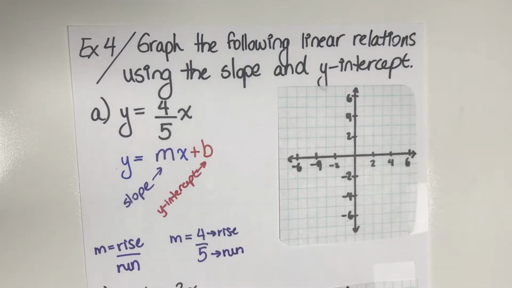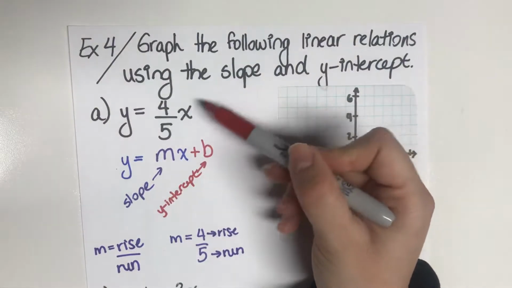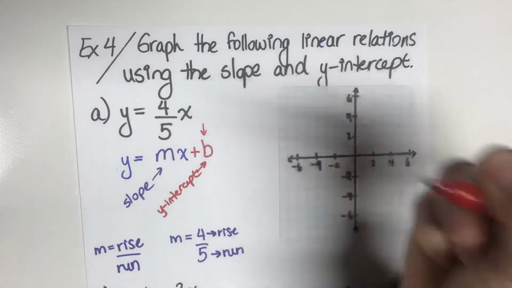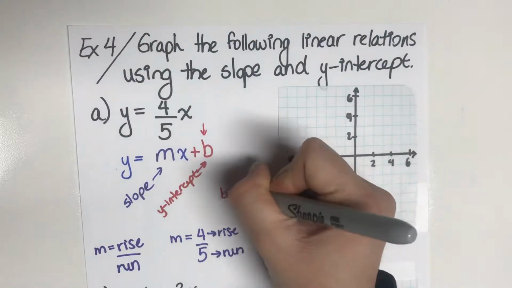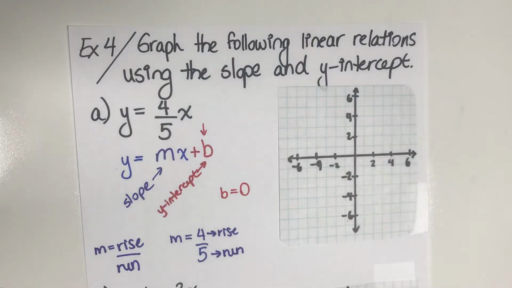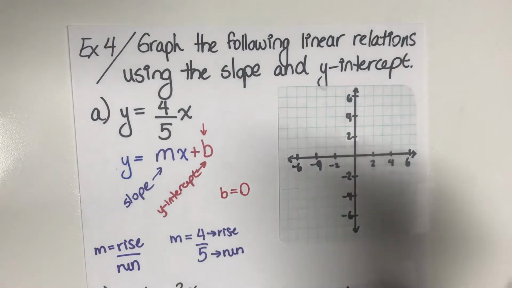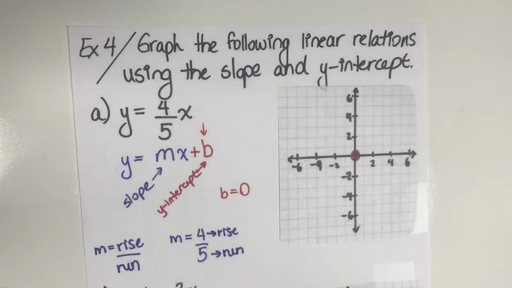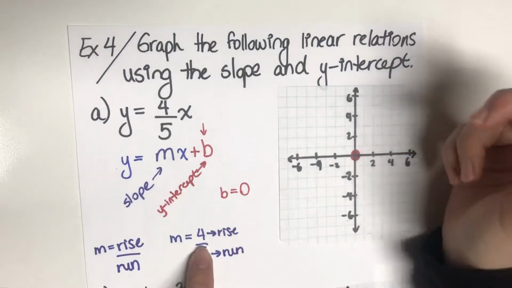I'm going to start at the y-intercept. In this case, I don't have anything being added here, so that means my y-intercept is 0. If there's nothing there, it's 0. So I'm going to start here at 0. And then my rise is 4.